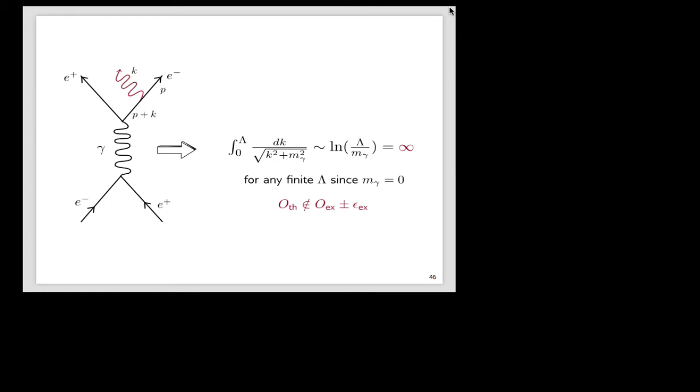So again, we have input, the lambda is still the ultraviolet regulator here, and the integral corresponding to this diagram goes like log of that ultraviolet cutoff over the photon mass. But of course, the photon mass is 0, and so once again, this is the log of infinity, which is once more infinity.